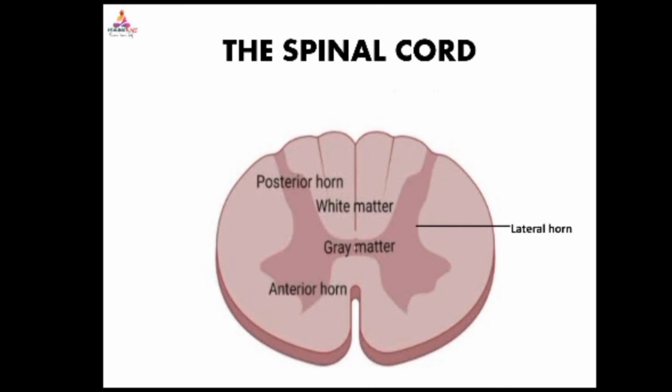It continues rostrally with the medulla oblongata at the foramen magnum and ends caudally as the tapered conus medullaris at the level of the lower border of the first lumbar vertebra, L1. It gives origin to 31 pairs of spinal nerves. The region of origin of a pair of spinal nerves is called a spinal segment.